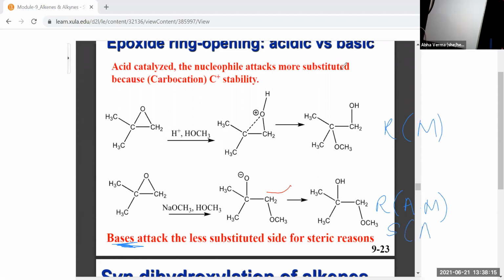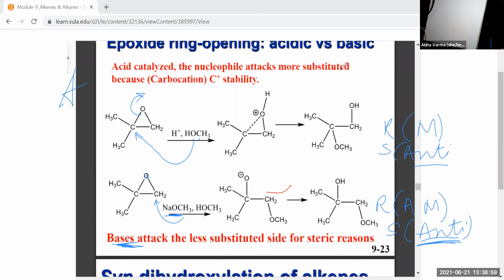Still, the stereochemistry is anti, because of the presence of this epoxide, your incoming nucleophile will attack from the opposite location. In acid catalyzed also the stereochemistry is anti, because the incoming nucleophile still attacks opposite from that of your epoxide. I should show it like this. So still anti products will form.